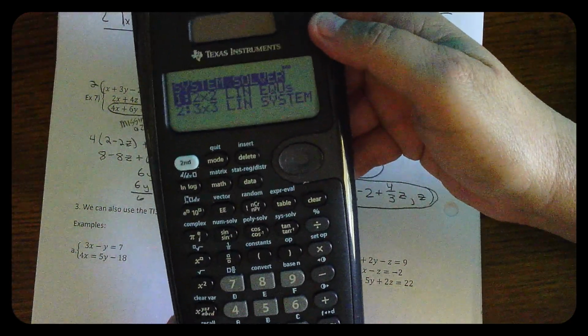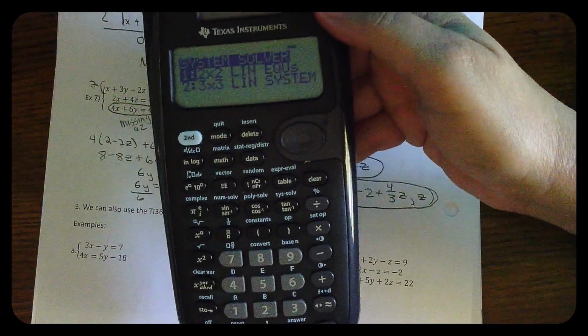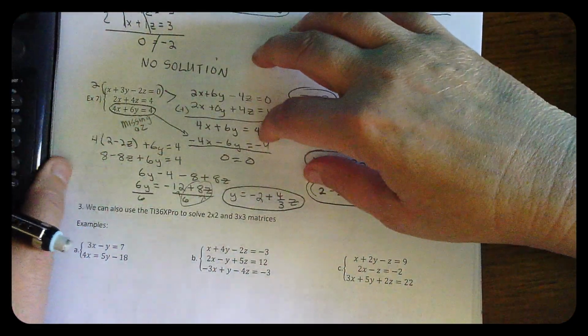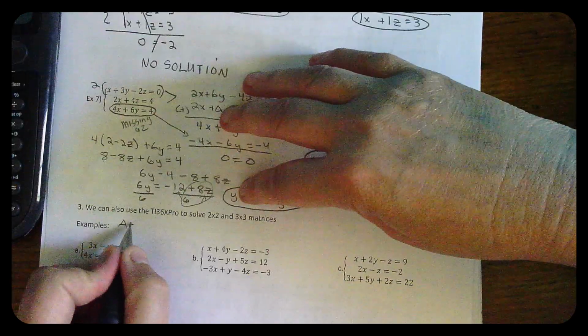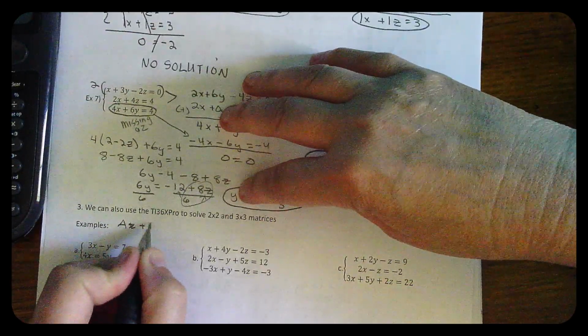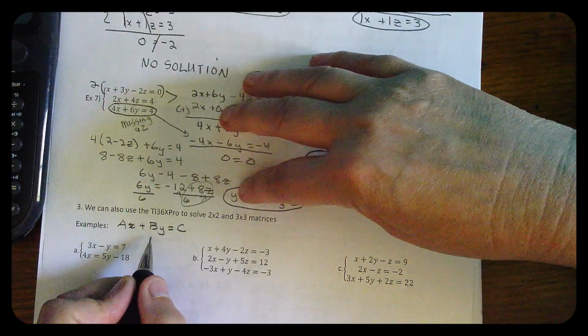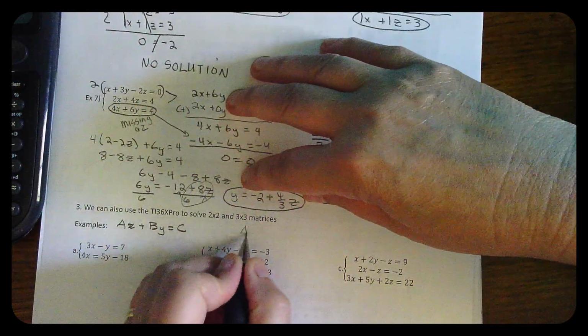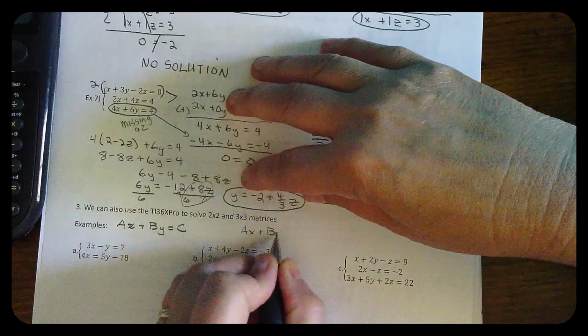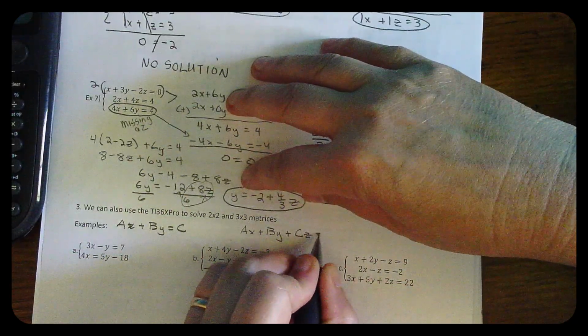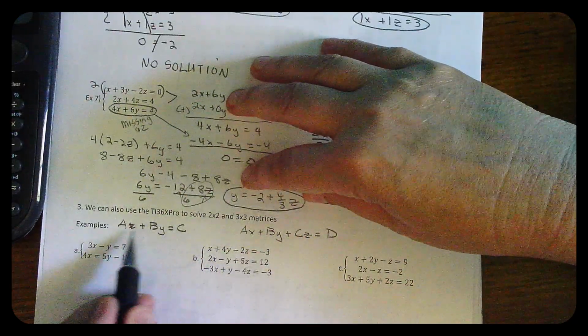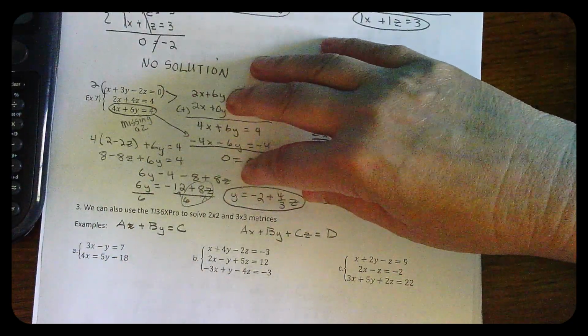So I'll show you both of them. So for any system, the first thing you want to do is make sure that you put your equations in standard form. So if you have a 2 by 2, you want to make sure it looks like that. And if you have a 3 by 3, you want to make sure it looks like that. So you want to make sure your variables are on the left and your constants on the right.